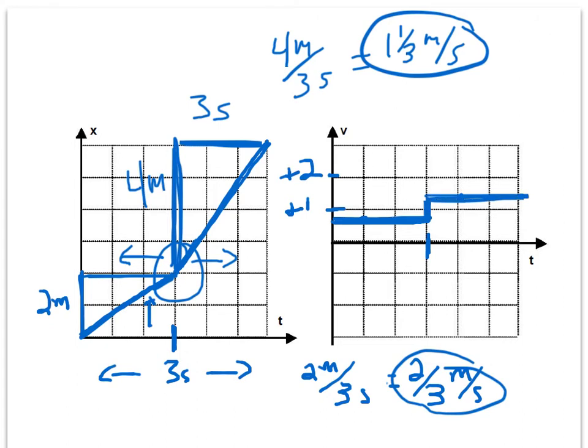So that's why at 3 seconds you see that little line jumping up right there. And that's my motion graph, my velocity time graph from that position graph. So you can look at it. This graph means that I started with a slower velocity down here, and I ended up with a faster velocity here, and it changed at 3 seconds.